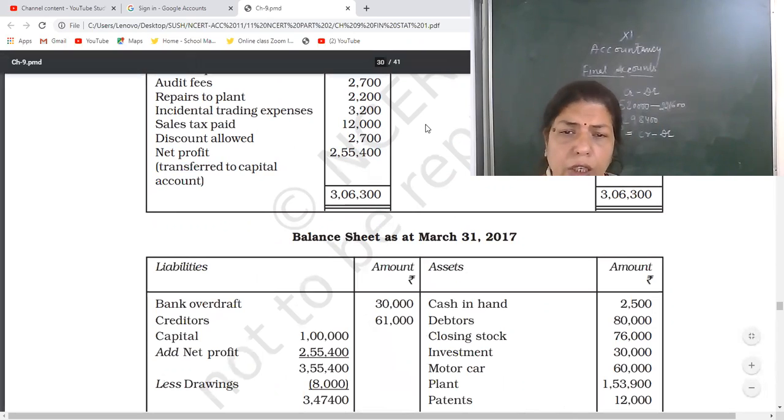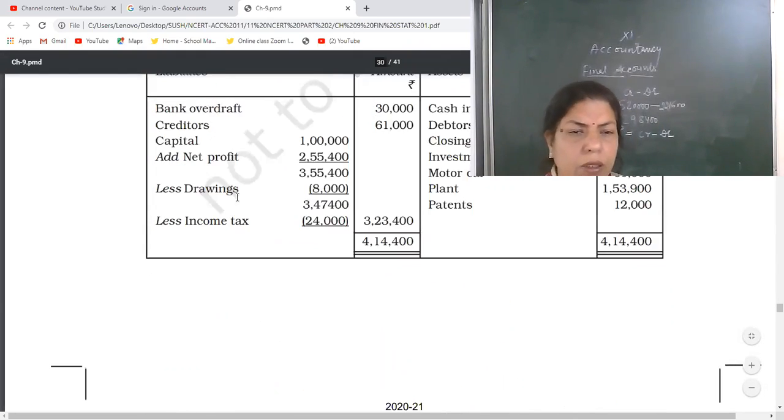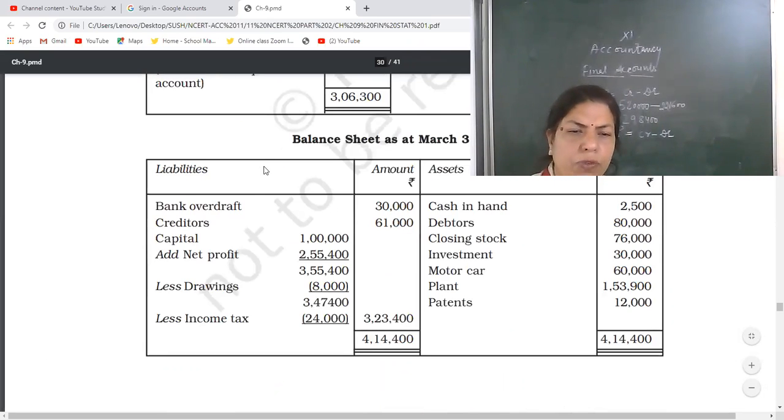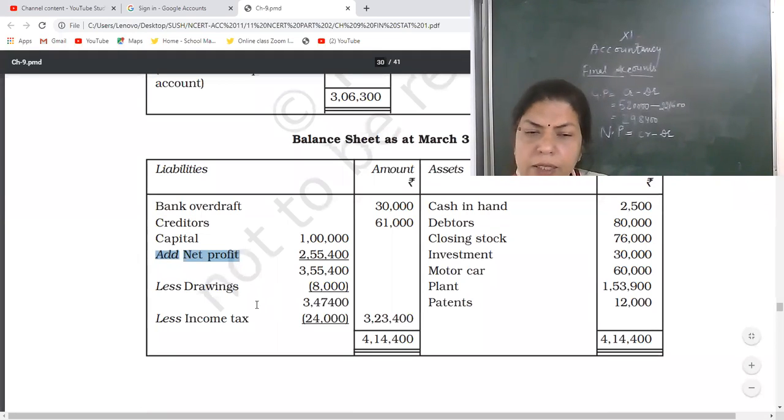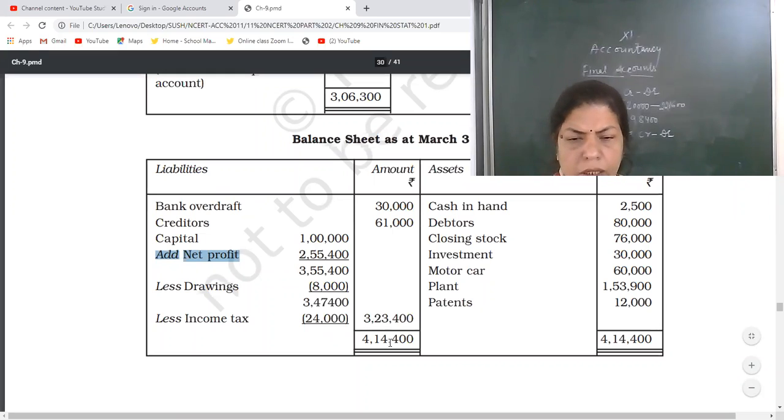If that is a loss, then also it is to be transferred to capital account. But here in the balance sheet, what will you do? You will subtract that amount. But here this is net profit, that's why we are adding. If that is net loss, you can subtract it. Then less drawings because withdrawn. Income tax is also drawings, so this will be the total.